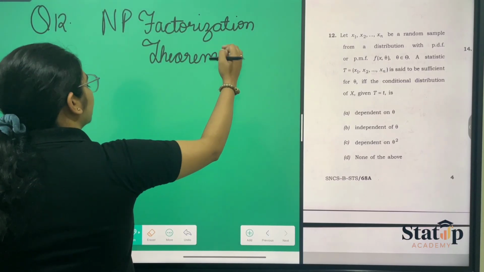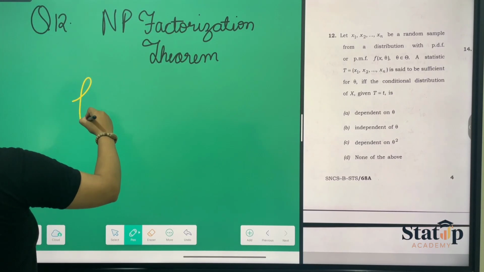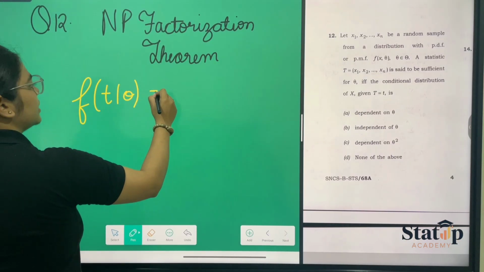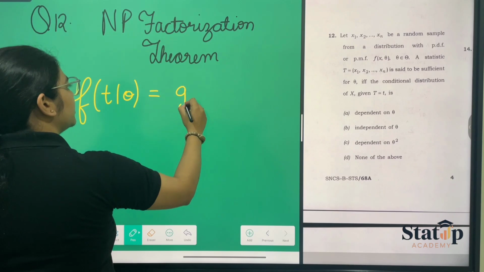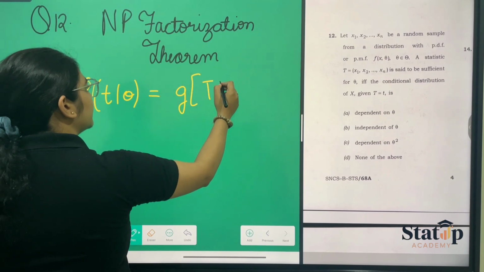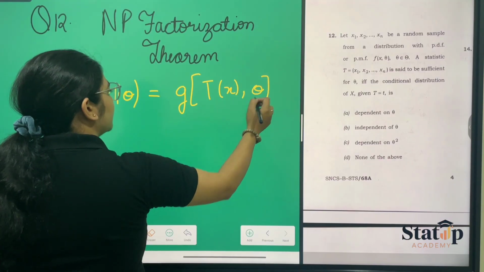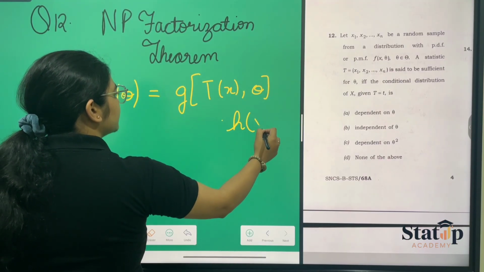As you all can see, the Neyman-Pearson factorization theorem states that f(x given theta) is equal to g(t(x), theta) into h(x).